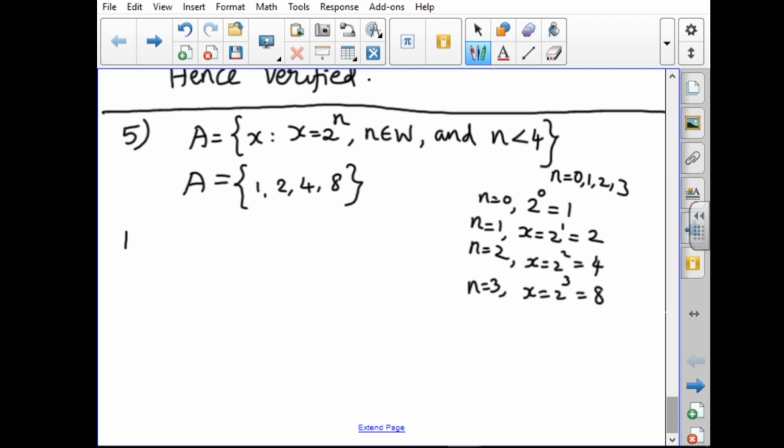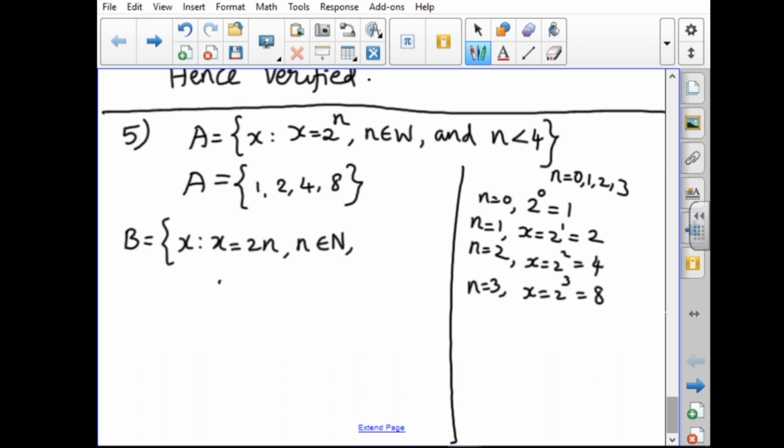Then the second one, B. What is given for B? B is equal to x such that x is equal to 2n, and n belongs to capital N, that is natural numbers. So natural numbers start from 1, 2, 3 and so on.